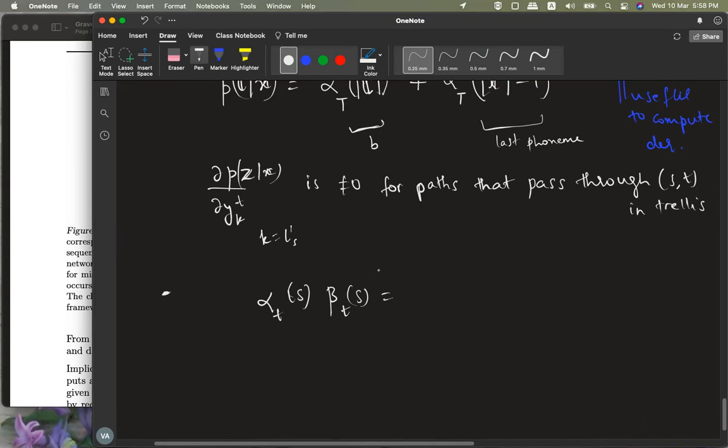So what will be this product? This product is simply the product of sum over all paths passing through s comma t, right? And what is this term? So you can say pi, a vector pi belongs to all paths.